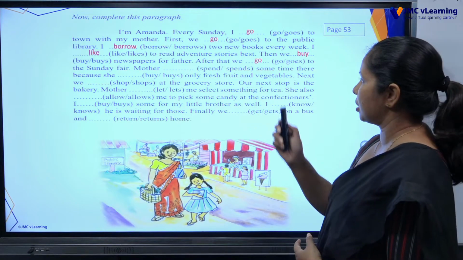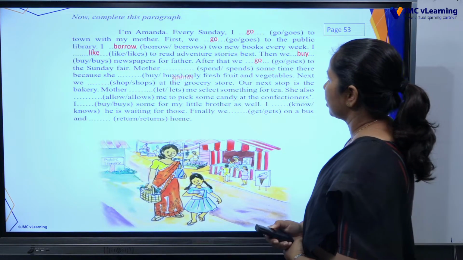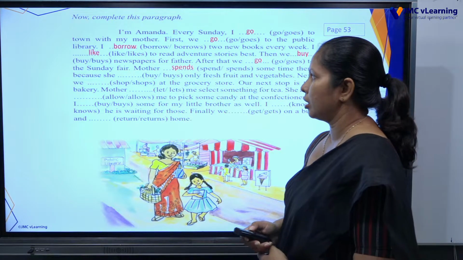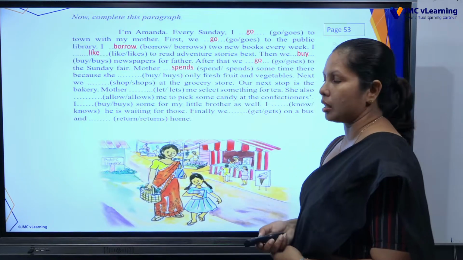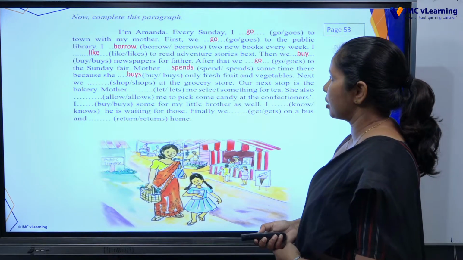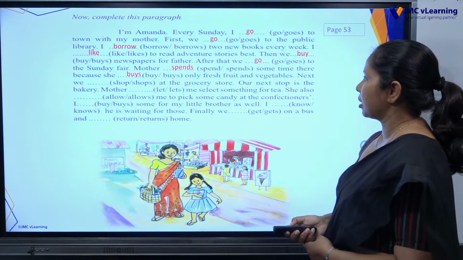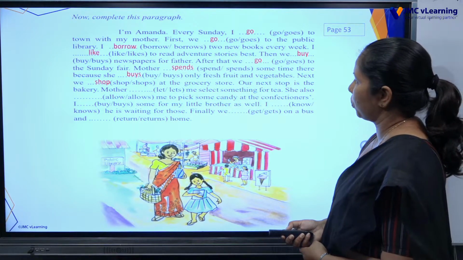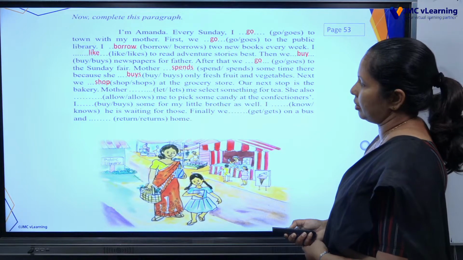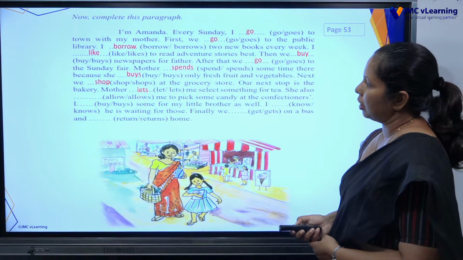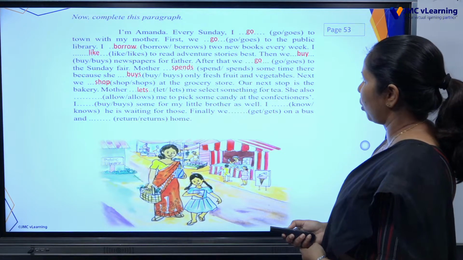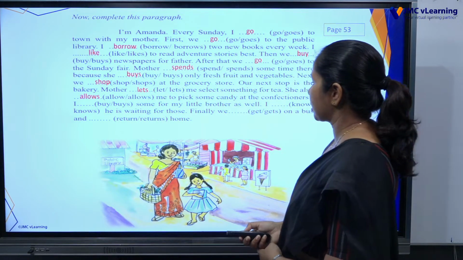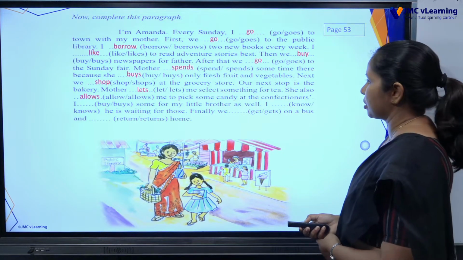Mother is in the singular form. So mother spends some time there, because she, again the pronoun is in the singular form. She buys only fresh fruit and vegetables. Next, we shop at the grocery store. Our next stop is the bakery. Mother lets me select something for tea. She also allows me to pick some candy at the confectioner's.